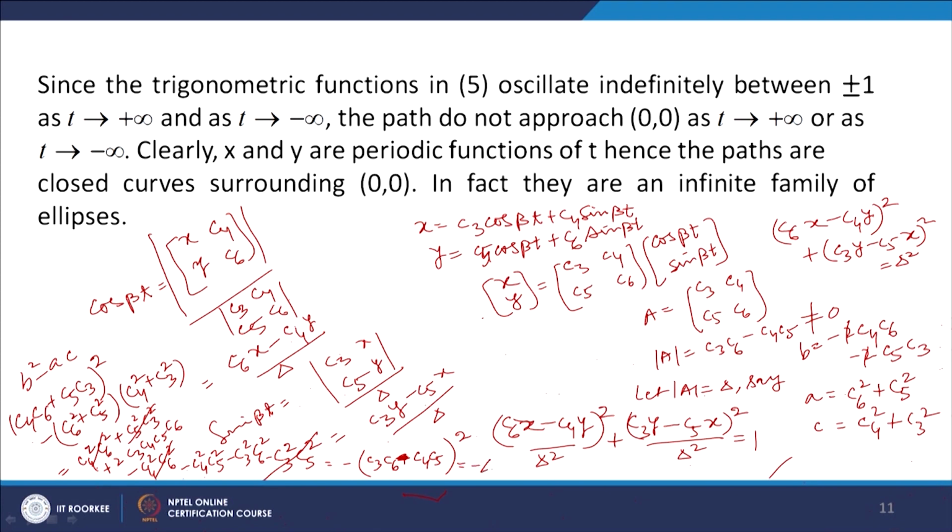So, minus delta square, and delta is non-zero, so this is less than 0. So, this represents x equal to C3 cos beta t plus C4 sin beta t, and y equal to C5 cos beta t plus C6 sin beta t, which is the solution of the linear system. They represent an infinite family of ellipses.